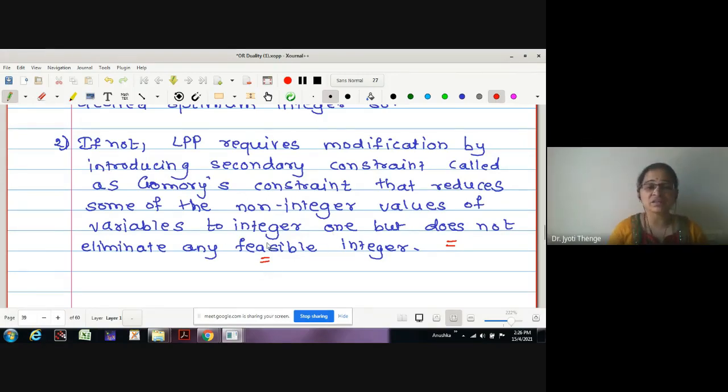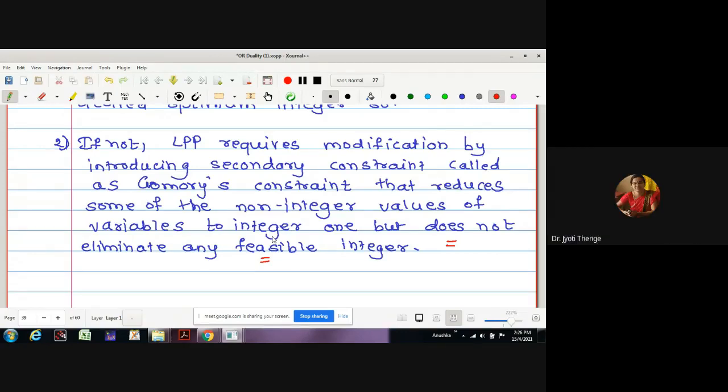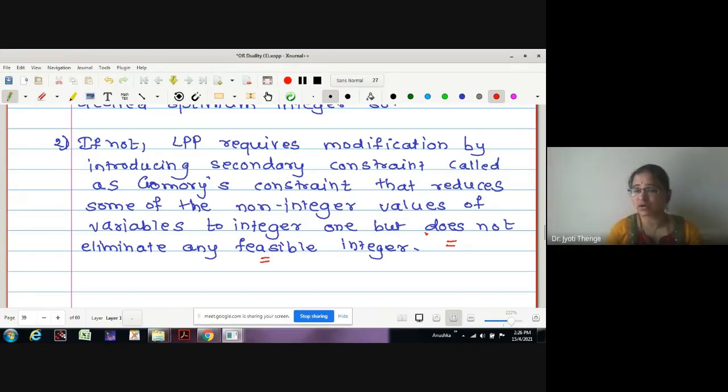Then whether this method will be useful? This process will be never-ending, because one variable gets non-integer value, one gets integer. If I use the method again, it changes the integer value to non-integer. Therefore, this last statement is important: whatever Gomori's constraint we use does not eliminate any feasible integer solution.